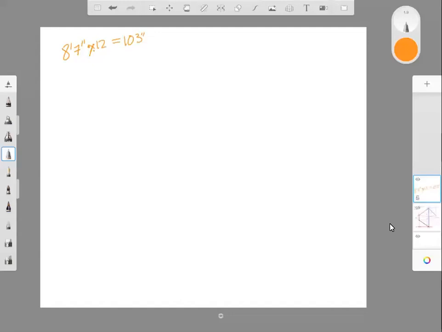So then we decided that we would make a line for the height that is 10 inches. Okay, and that gives us a ratio of 10.3 to 1 inch.